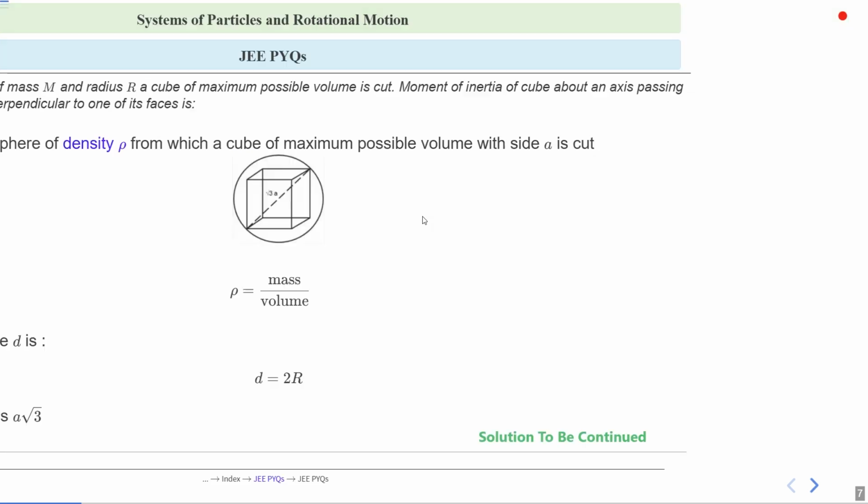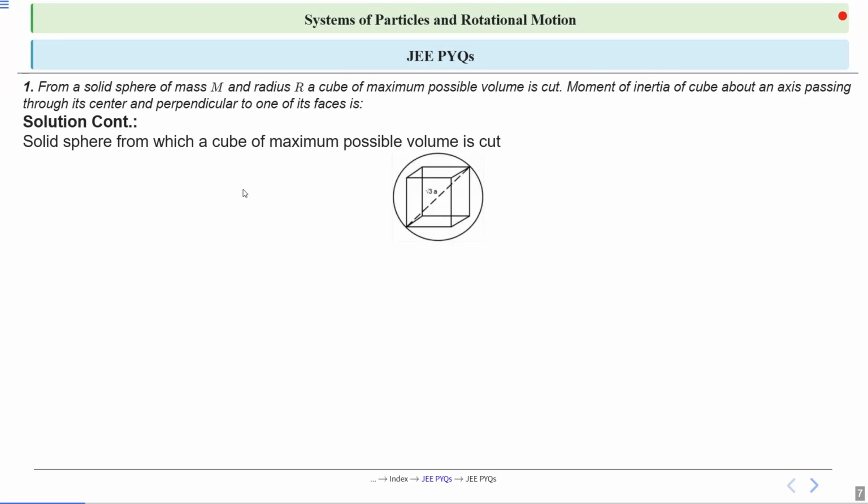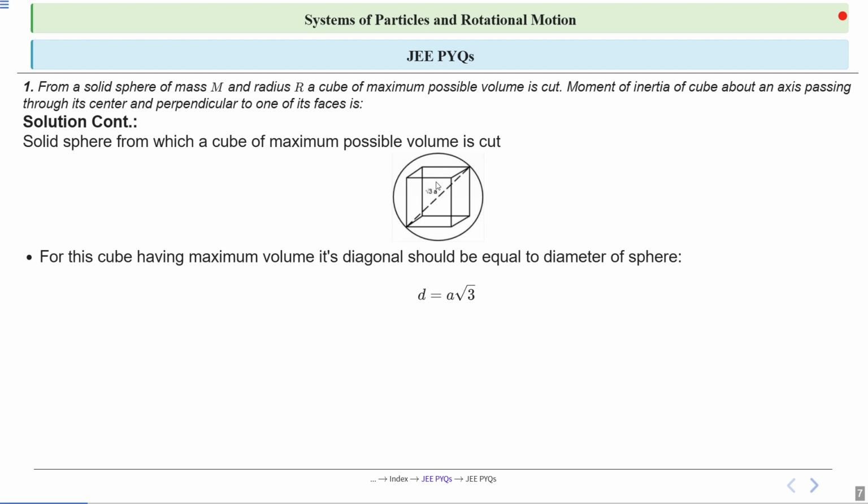Now, for a solid sphere from which a cube of maximum possible volume is cut, the diagonal of the cube should be equal to the diameter of the sphere.